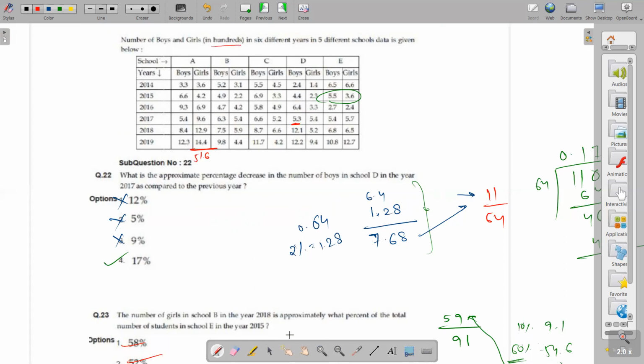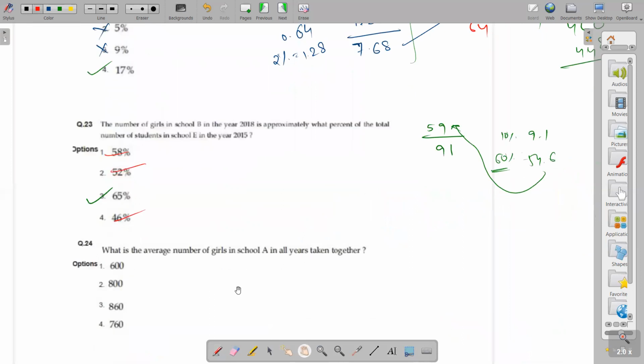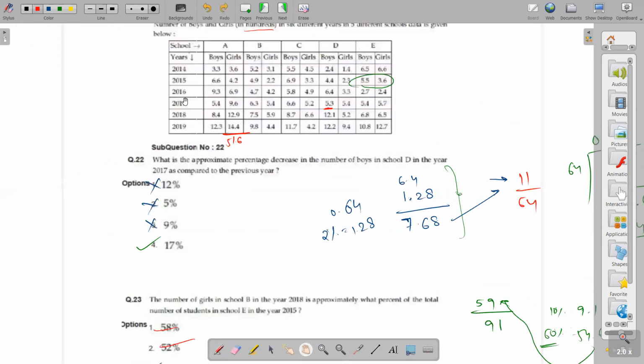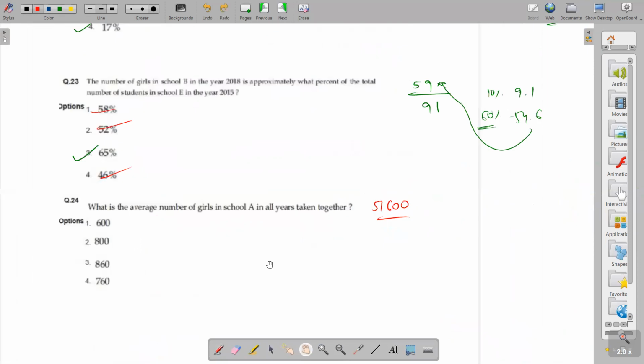And this is in 100, 51600. 51600, and total how many years are there? 1, 2, 3, 4, 5, 6 years are there. So we have to divide by 6.